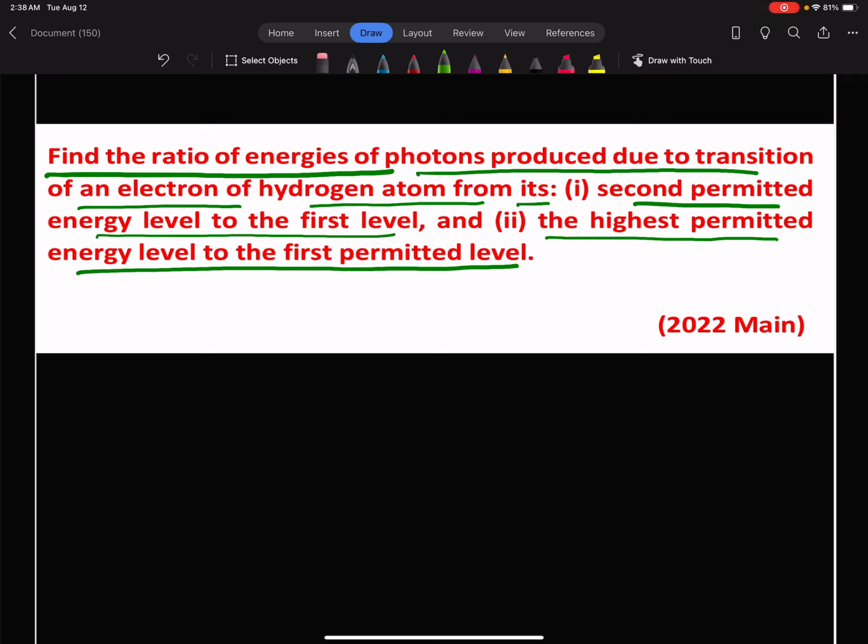This question we somewhat solved previously also, so this is almost similar, and we can start with our energy for the nth level, which will be equal to minus 13.6 upon n square electron volt, and we are having two transitions.